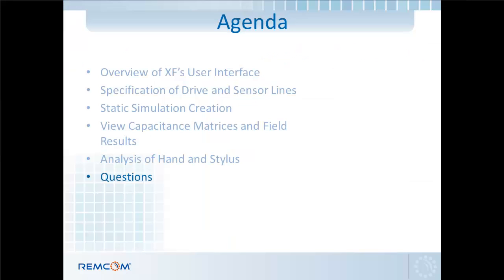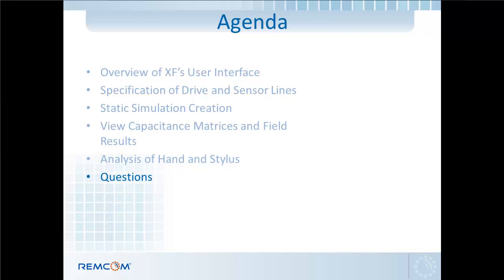So that wraps up everything that I wanted to cover today. We went over XF's user interface and how feature-based modeling can be used to build up your geometry. We also talked about how you would specify those driving and sensing lines, so that way you get the full capacitance matrix. We talked about the static simulation and how it's a little bit different than the FDTD simulation, and what are some of the settings that you need to specify.